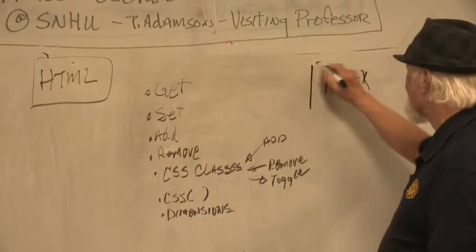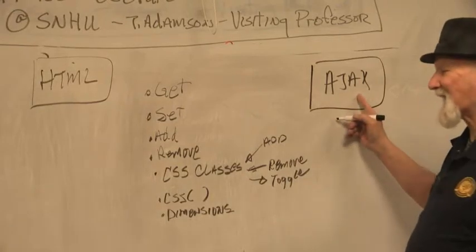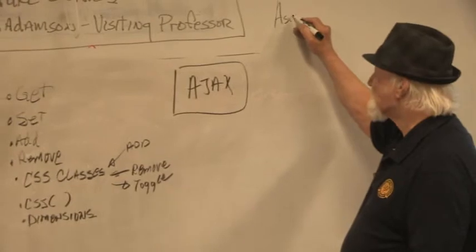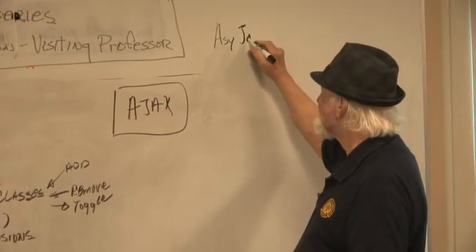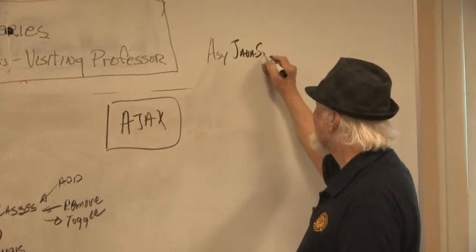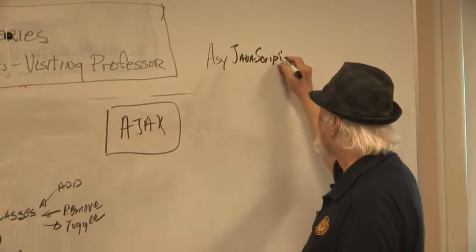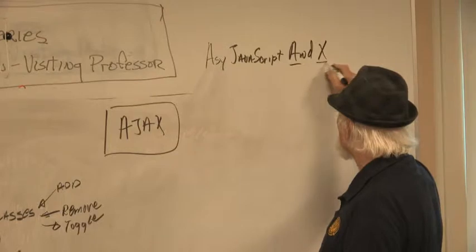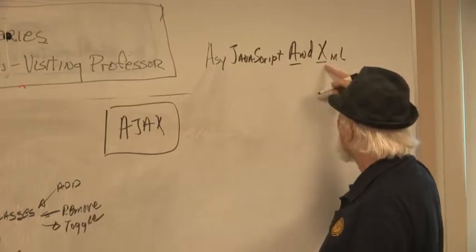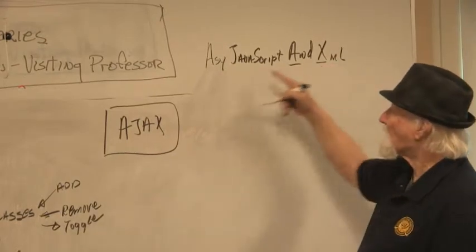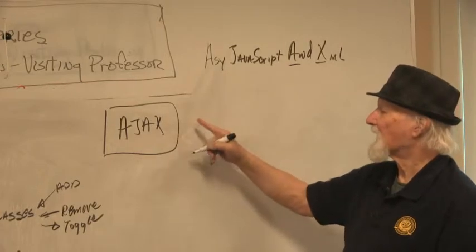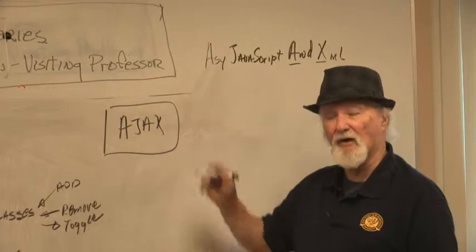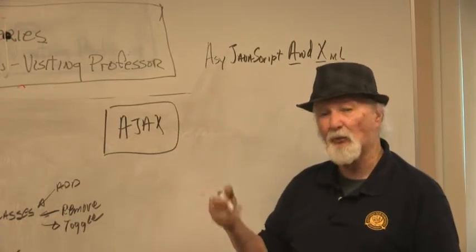You might say, wait a minute, we never talked about AJAX. Well, AJAX stands for asynchronous JavaScript and XML. Now, we had a lecture on XML. Well, effectively, what AJAX does, it can get information or give information to the server without having to refresh the whole web page.